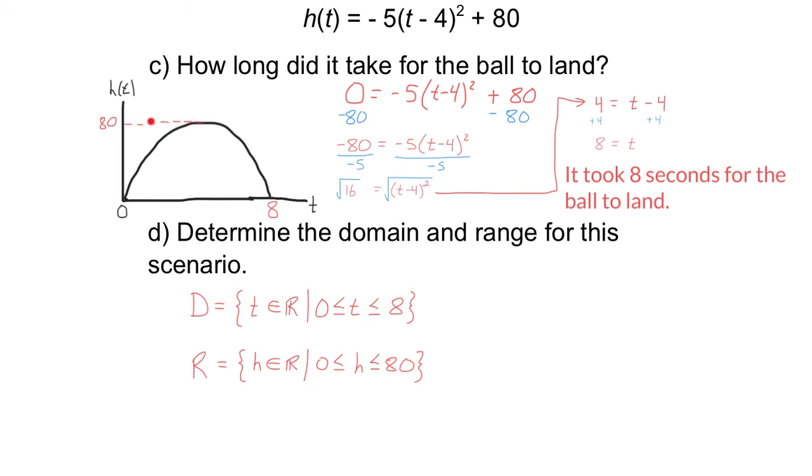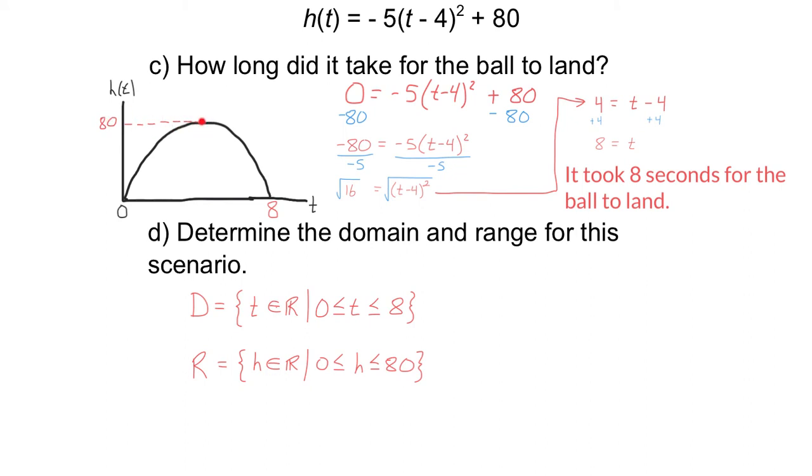So just the way I got the 80, you might not remember this from grade 11, or even grade 10, but when you look at an equation for a parabola, this is in vertex form, so the coordinates of my vertex are 4, 80, so after 4 seconds, the maximum height is 80 meters. I just remembered that.